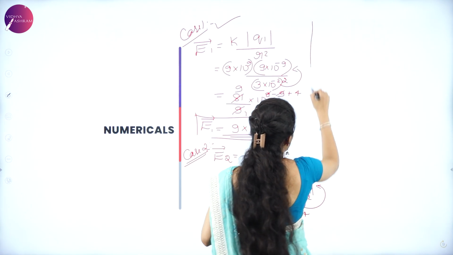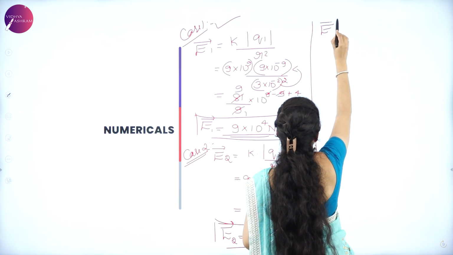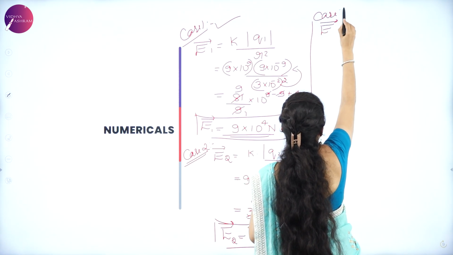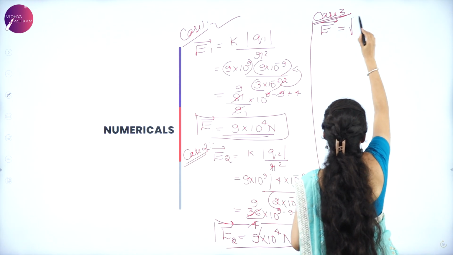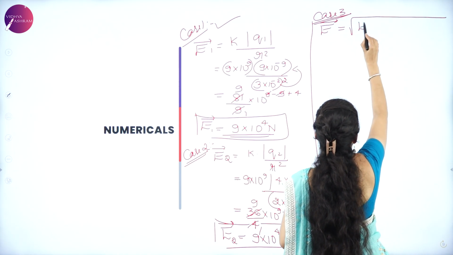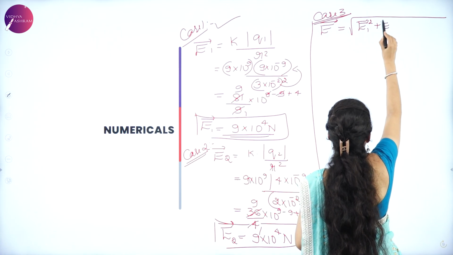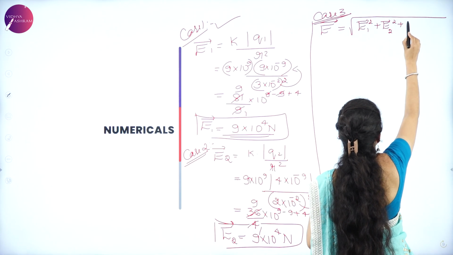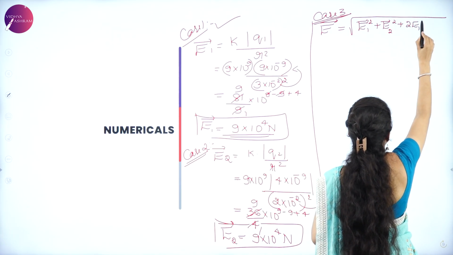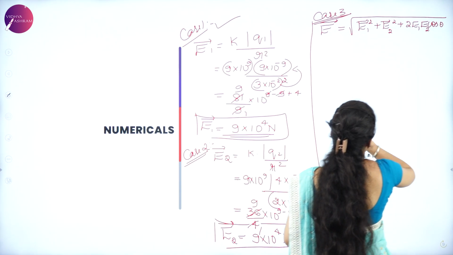In order to find out the total electric field, you have got vector E. This can be called case 3 which has to be solved. Total electric field is nothing but root of E1 square plus E2 square plus 2E1 E2 cos theta.